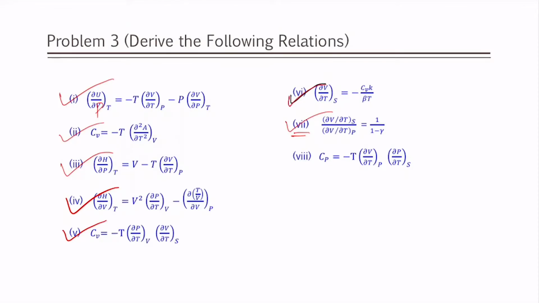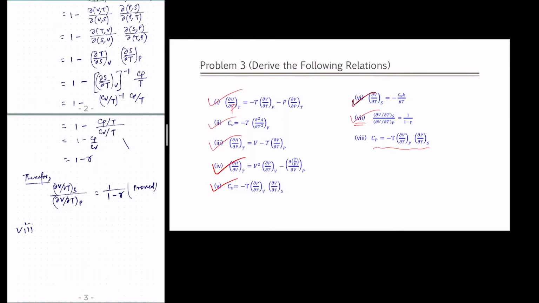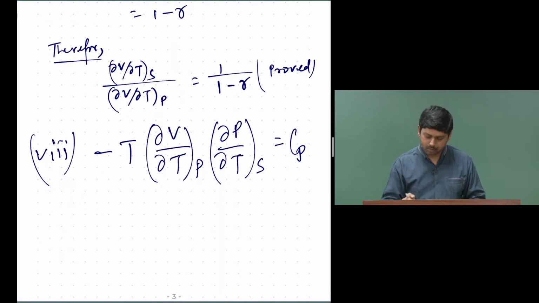The next problem that we have to show is that C P is equal to this quantity. It is easier to start with the right hand side. So, we will start with the right hand side. First, we write that. So, we have to show that minus T del V del T P del P del T S is equal to C P. That is what we have to show.